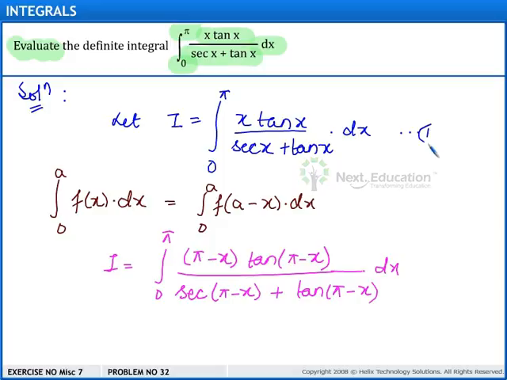Let us denote the first equation by 1 and this equation by 2.